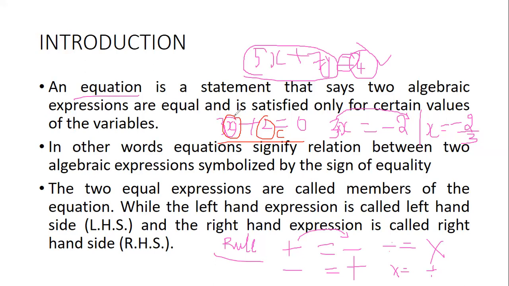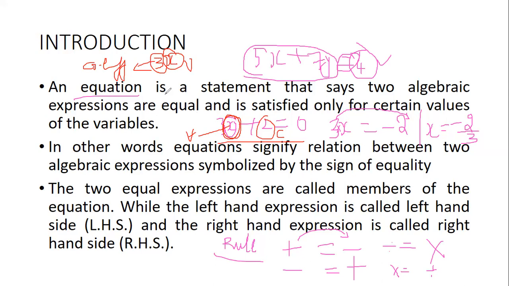If you have an alphabet or a letter, then it is called a variable. And the number before the variable, as in 3x, is called the coefficient. The coefficient of the variable is written before the variable.